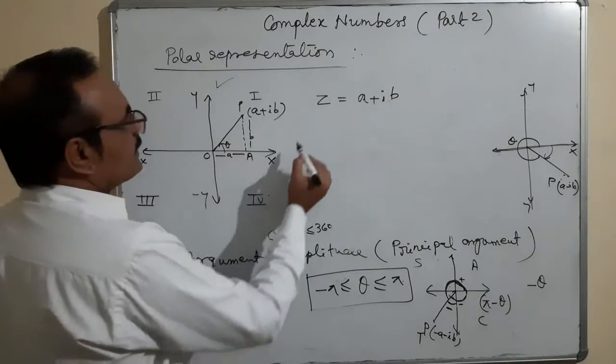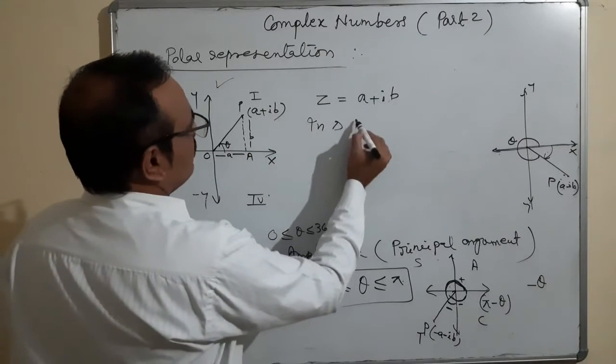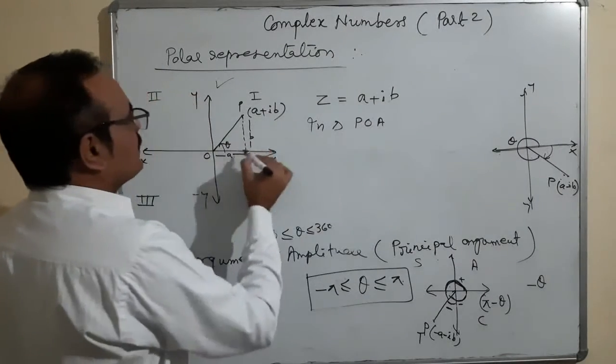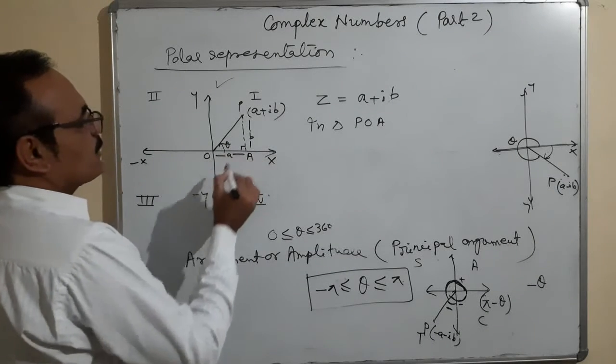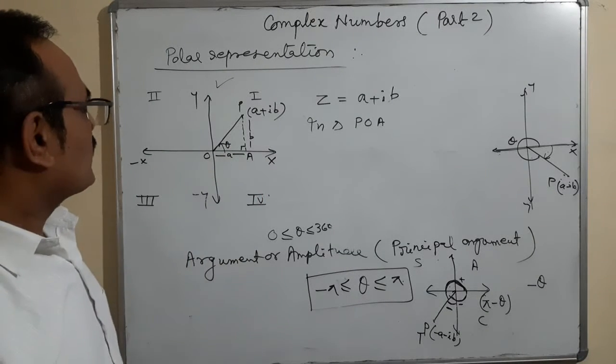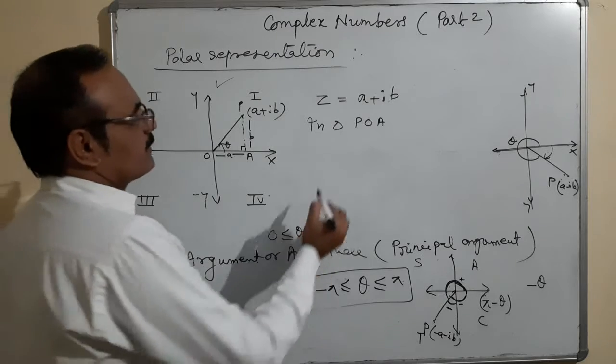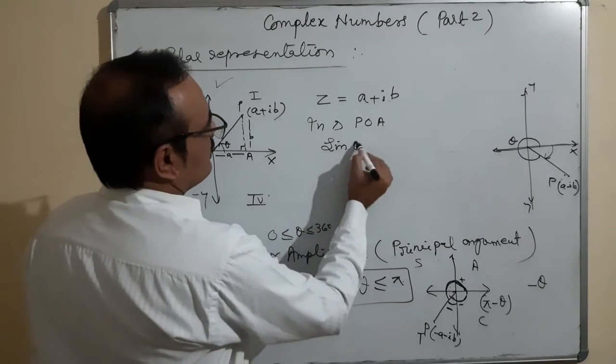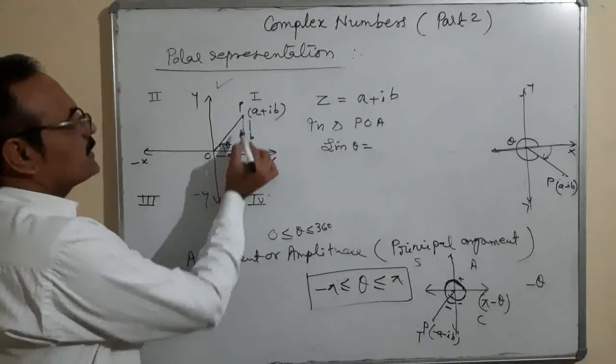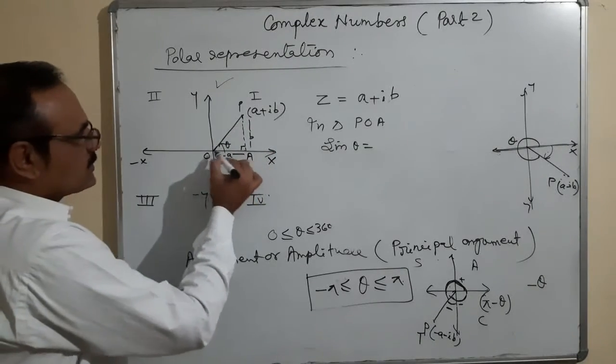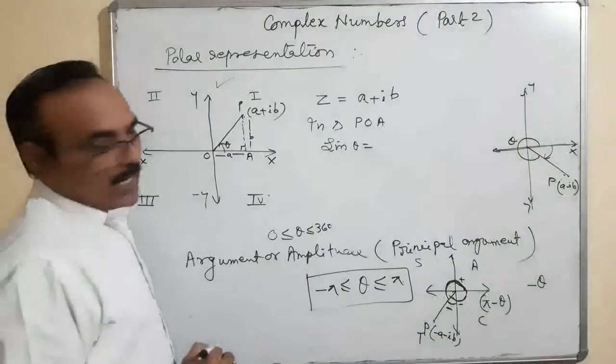Now let us see in triangle POA. In triangle POA, this angle is a perpendicular, 90 degrees. If I use sine theta, the value of sine theta is equal to opposite side upon hypotenuse.